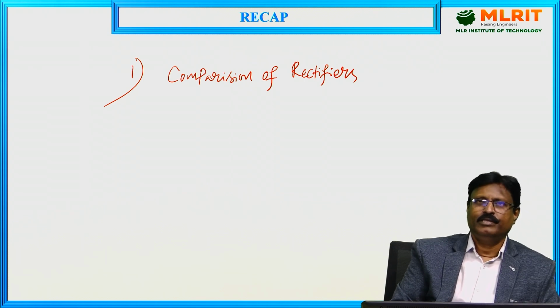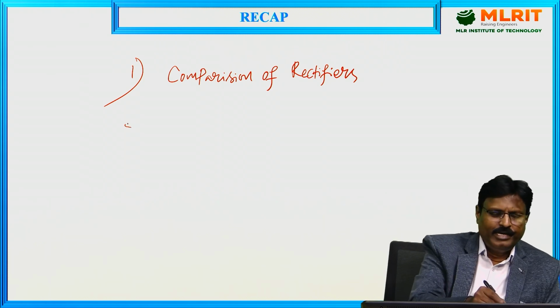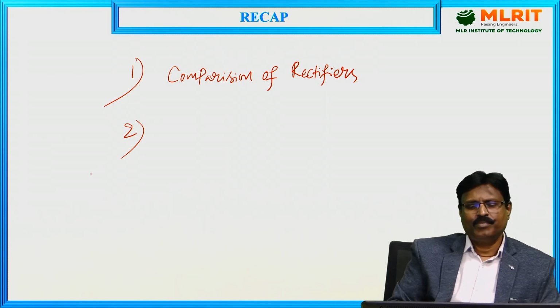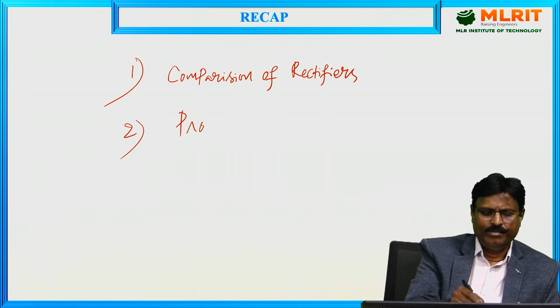We compared the three rectifiers with respect to many parameters like ripple factor, rectifier efficiency, transformer utilization factor, and so on. Next we have done some problems related with the half wave rectifier and full wave rectifier.